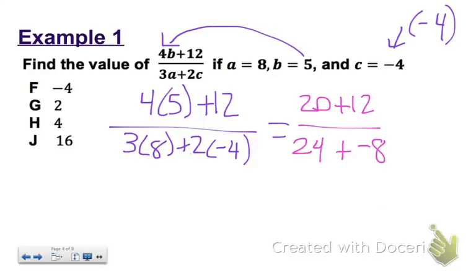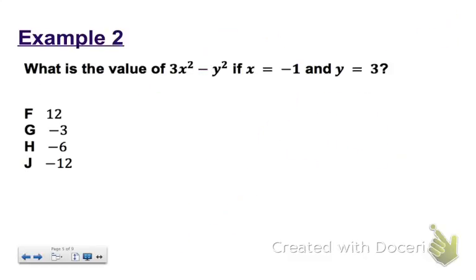Now I'm actually going to add before I divide, and that's just the case when you have something going on the top and the bottom, and you need to take care of it before you can divide. So 20 plus 12 is 32, 24 plus -8 is the same thing as 24 minus 8, which is 16, and 32 divided by 16 is 2. So that's your final answer for that one.